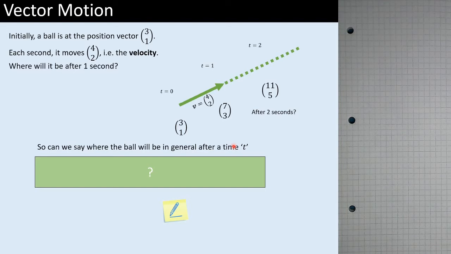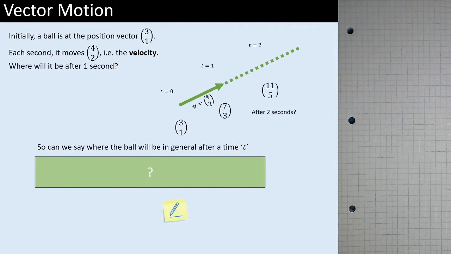Okay, so we can get a sense of where something will be after a general time t. Okay, so we could say, like, after 3 seconds, it would be 3, 1 plus 3 lots of our velocity. Okay. If it was after 10 seconds, we would take our original starting position and do 10 lots of our velocity. Okay.